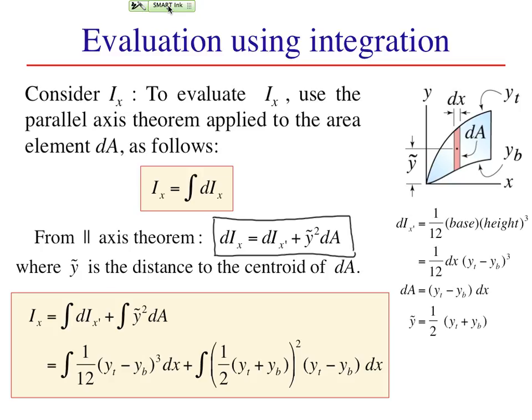Assuming the top and bottom bounding curves are described as known functions, y top and y bottom of x, we get the boxed expressions at the bottom of this slide.